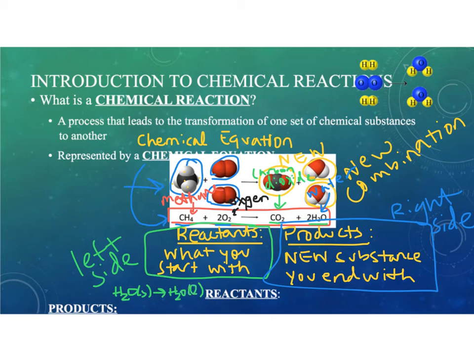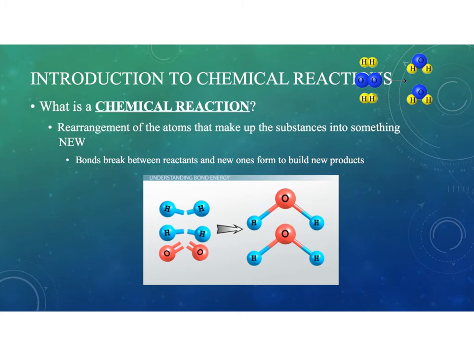Okay, that's an L, sorry. We can see that H2O on both sides, not a chemical reaction. All right, no reaction here. It is not a chemical reaction because there's not a new combination on the right-hand side. Okay, so that's what a chemical reaction is and a chemical equation.